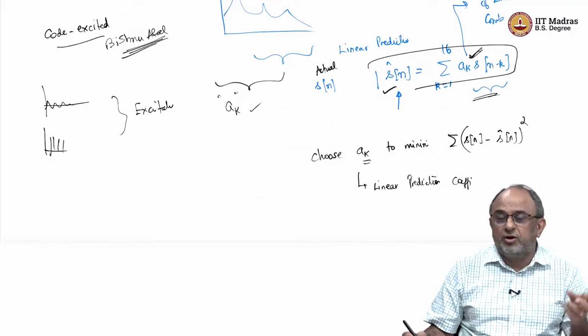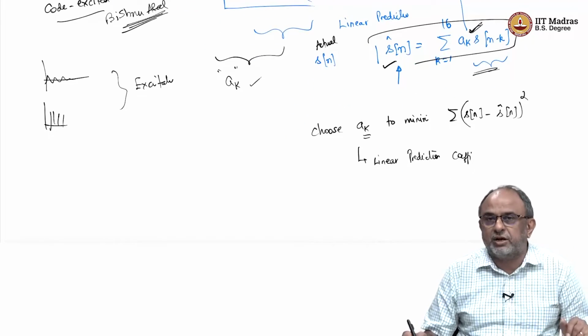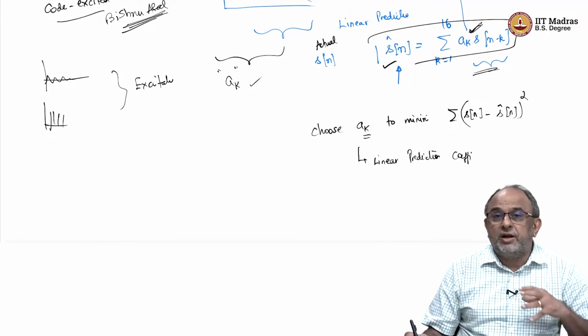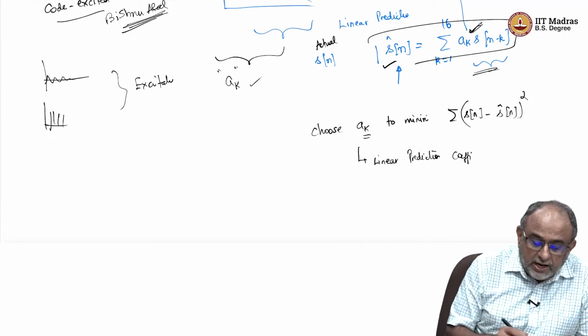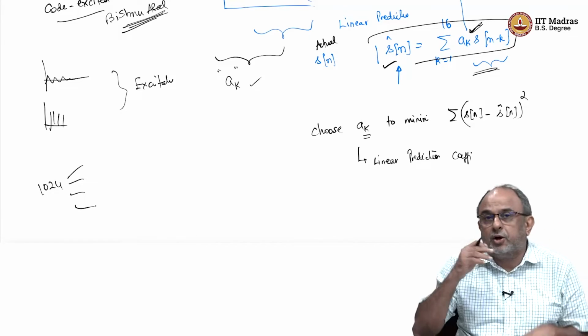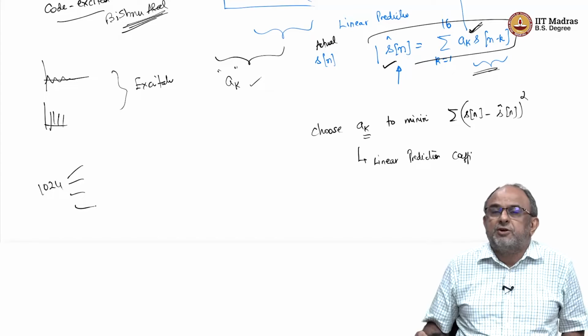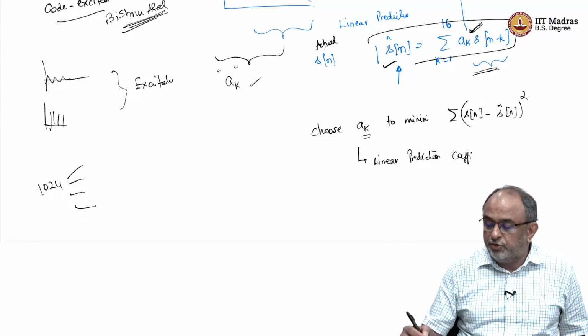He took the real world excitations of a large number of speakers and quantized them into 1024 different patterns. He said anybody's excitation will be one of these 1024 excitations.